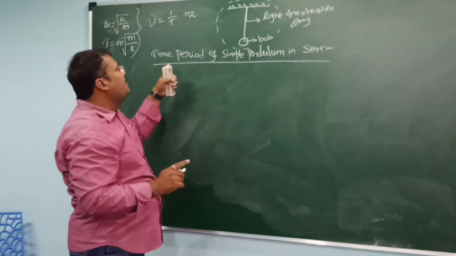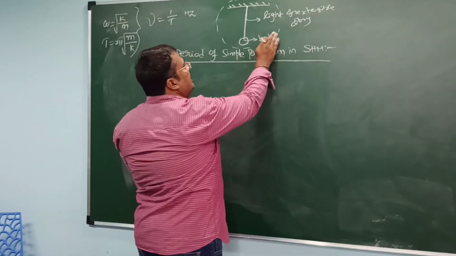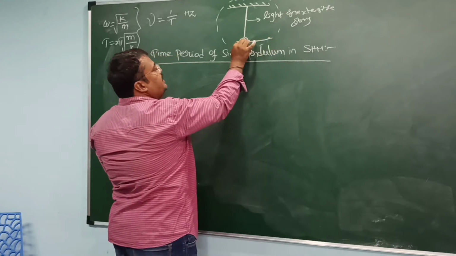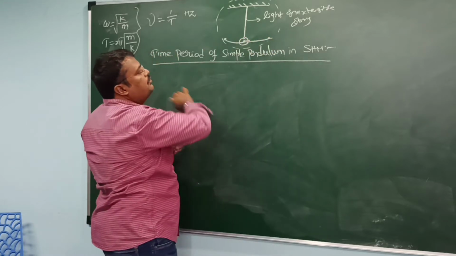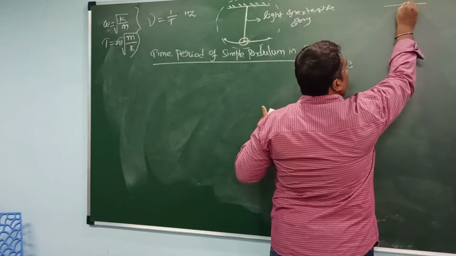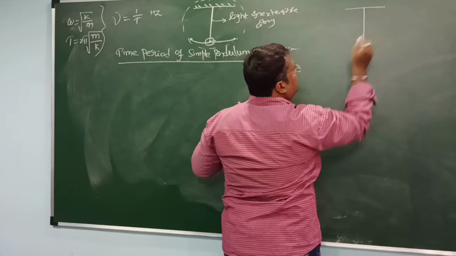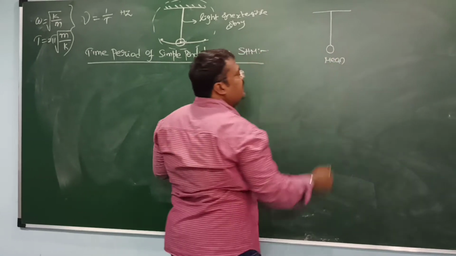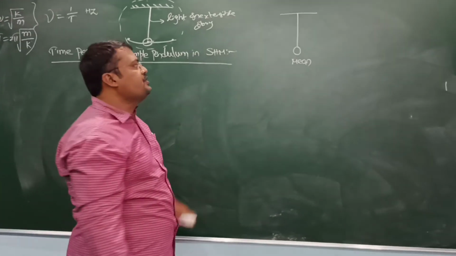It means the time taken by the bob to complete 1, 2, and again it will come to the mean position, again it will go to the extreme position. Let us try to redraw the picture. So this is the mean position. Now the particle or bob exists in the mean position.